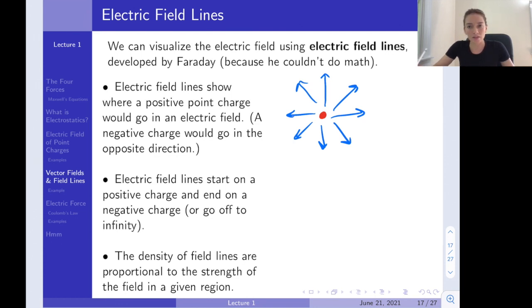All the field lines tell you is that if I place another tiny positive charge there, it would follow this arrow and keep going out to infinity. It will be pushed away by this other positive charge because like charges repel. So the field lines just show you the direction that a positive charge would go if placed in that electric field. And then the arrows are just reversed for a negative charge.